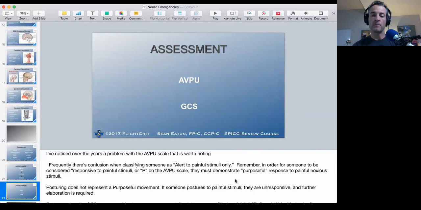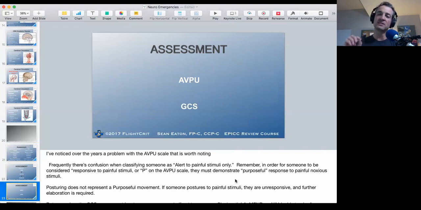Okay, in order for somebody to be considered responsive to painful, what you're trying to elicit is a purposeful response. So if you have somebody who's unconscious, unresponsive, and you sternal rub them and they posture, they're not responsive to painful. Okay, they are unresponsive.